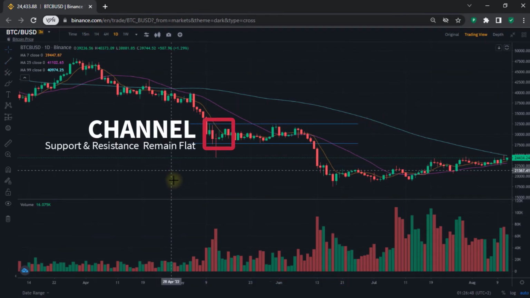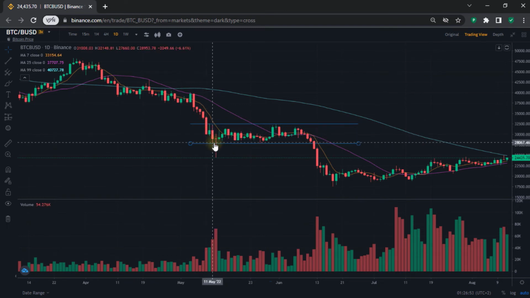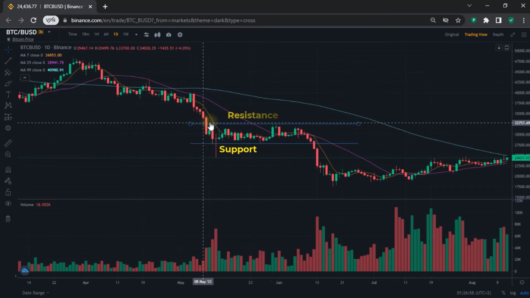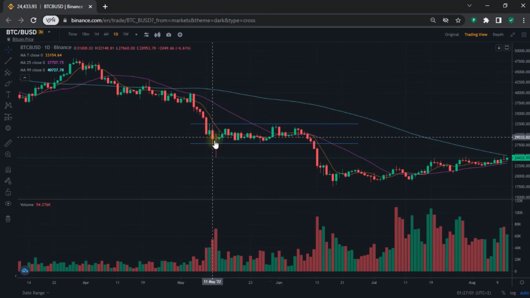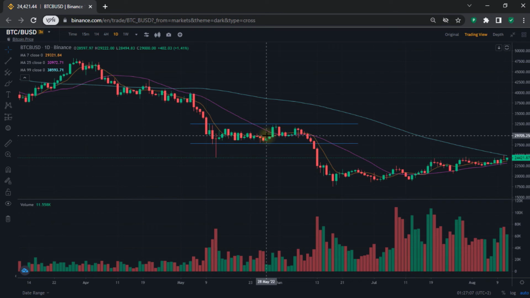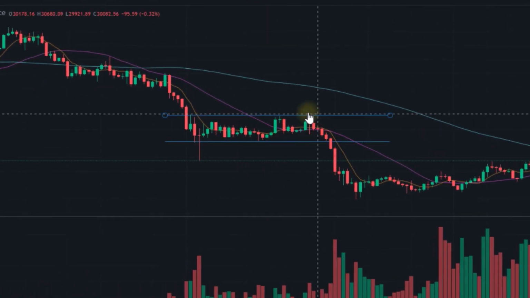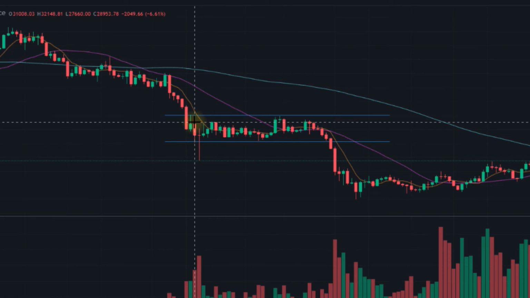So now as you can see within this, we've got this breakdown and then all of a sudden it hits this base. This is your support. This is your resistance. So it rolls down, hits the support, moves back up, goes back down, does a little movement here, goes back up, hits your resistance, moves back down, tries to go again, hits the resistance, moves back down. This portion and this movement in this area here is a sideways movement and a consolidation period.